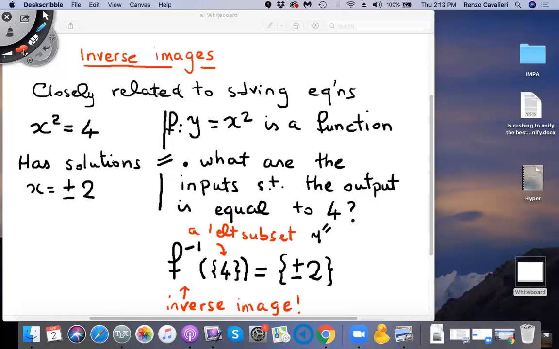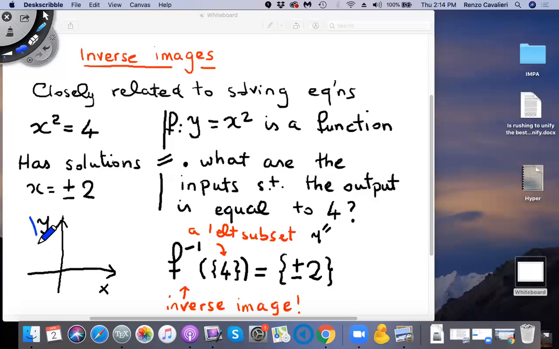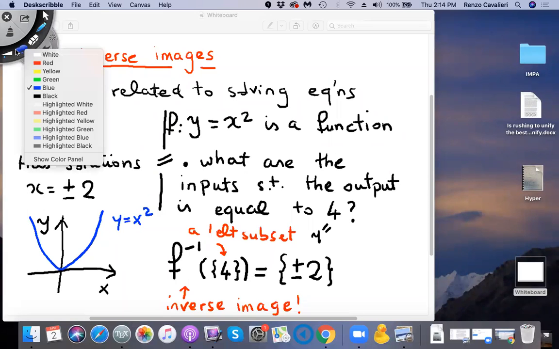Okay. Also, if we think about what's happening in the language of kind of Calc 1, my inputs live on the x-axis, my output lives on the y-axis, and I can identify the function y equals x squared with its graph, and so I get this parabola. Okay, so finding the inverse function, sorry, not the inverse function.